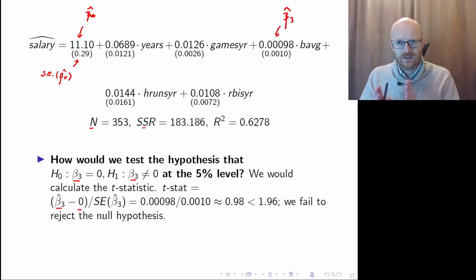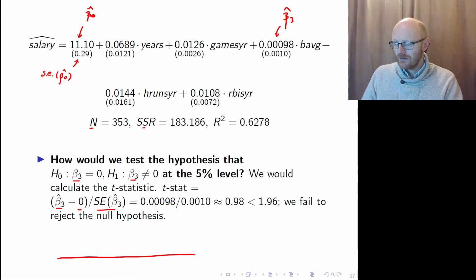Okay, so we measure the difference, but we want this difference to be in units of the standard error. So that's why we divide it by the standard error of the sample slope.